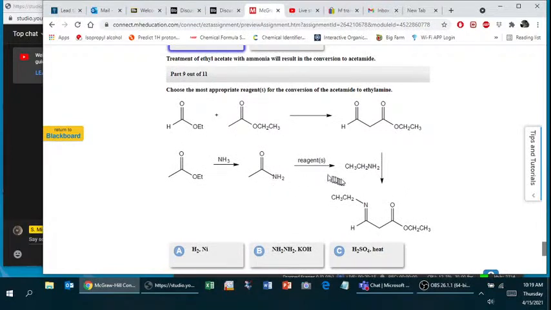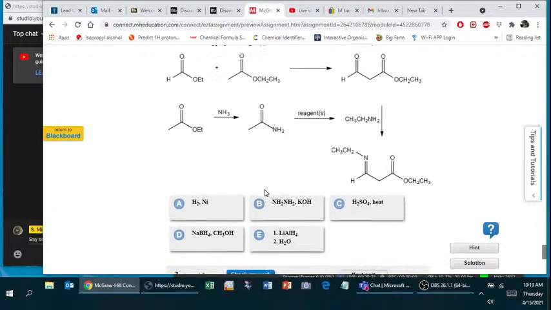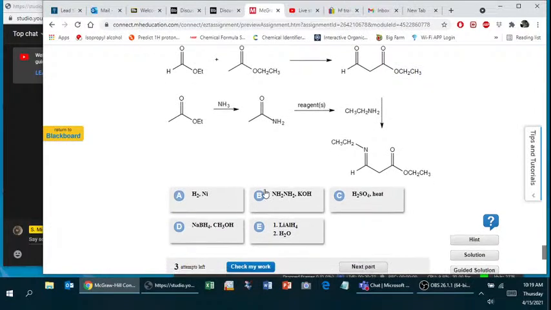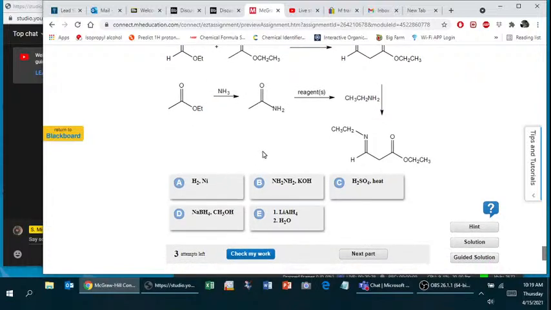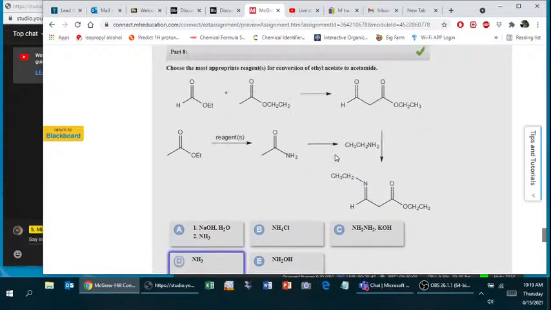Choose the reagent to convert it to this. Oh my goodness. All right, we're going to need a fairly aggressive reducing agent. So that would convert it to the alcohol. I'm curious, I wonder if you can just reduce it off. Nope. Yeah, that would just give you the alcohol.